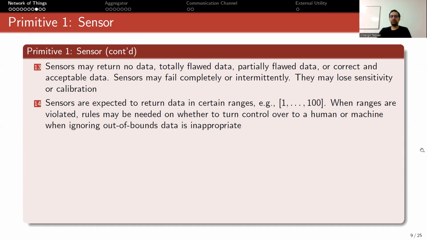Sensors are expected to return data in certain ranges, for instance, an integer between 1 and 100 or any real number. When ranges are violated, rules may be needed on whether to turn control over to a human or machine when ignoring out-of-bounds data is inappropriate. Although this is just a basic sentence, this always happens.